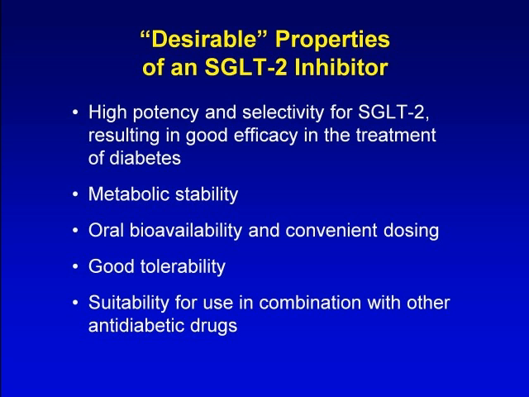They should be absorbed easily and have good oral bioavailability, and therefore have convenient dosing schedules for better compliance. They should be tolerated well with minimal side effects, and they should be suitable for use in combination with other antidiabetic drugs that are in current use.